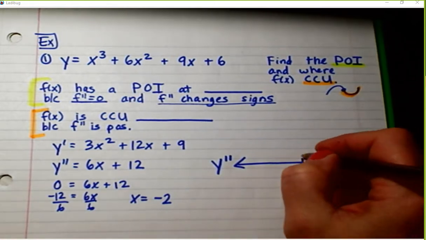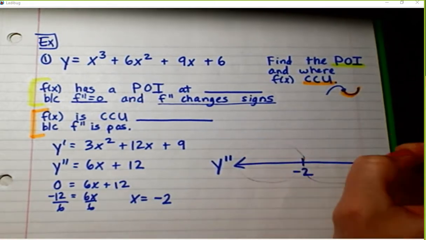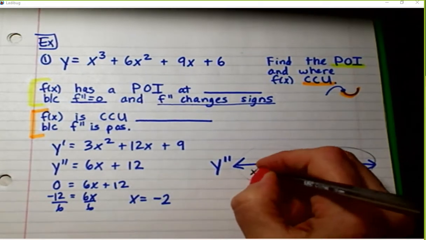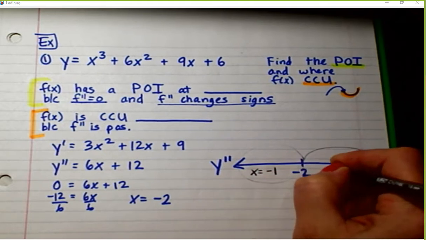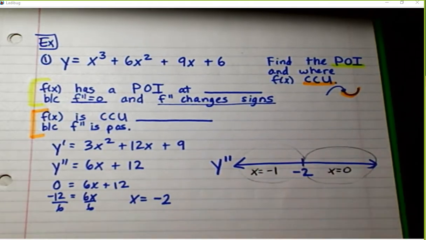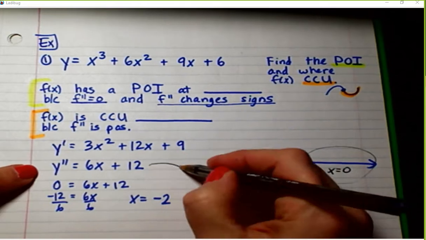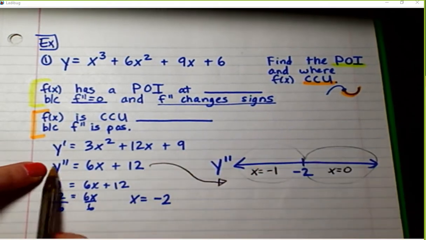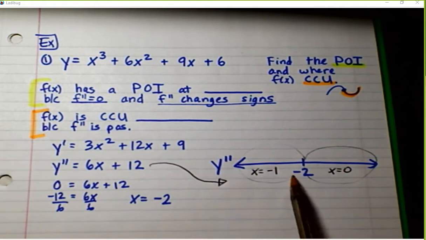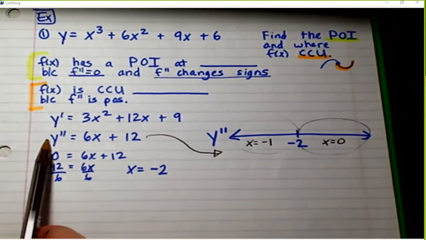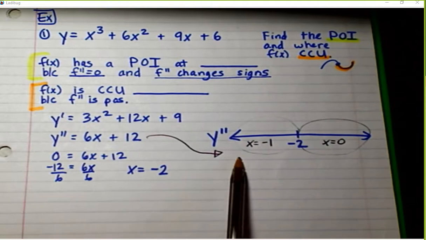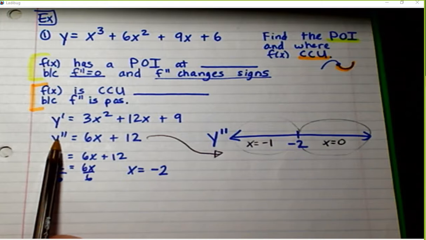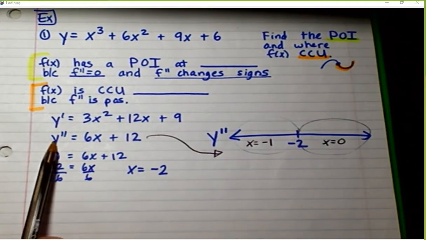So now I just have 2 sections on the number line that I need to figure out what's happening. So I'm just going to pick my x's, both sections, and I'm going to plug it in. See that? How my little arrow is coming from double prime? Whatever number line you're working on, that's the thing that you're going to use. If this says double prime, you use double prime. The number line and the equation match.